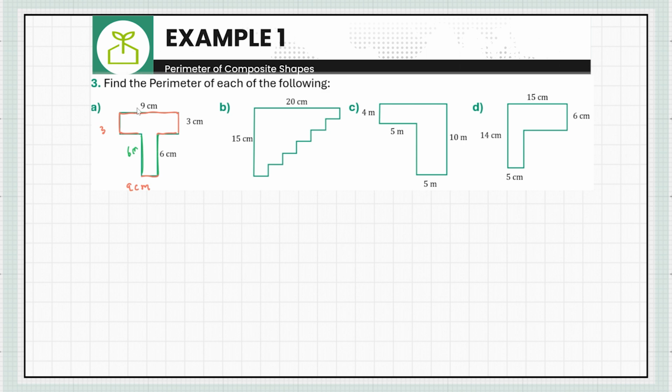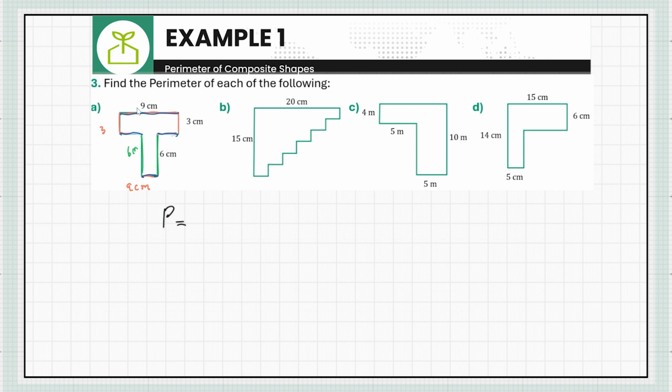If we looked at this a little bit differently, these sides here are exactly the same length as the 9 centimeters, and we are only dealing with perimeter, so all we have to do is find out how far around the total shape is.